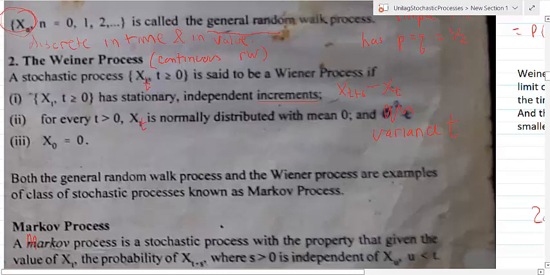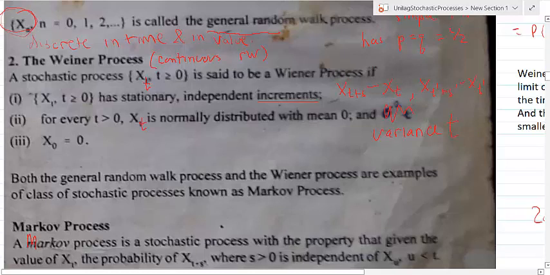Now this is a random variable. This will be independent of x_{t'+s'} minus x_{t'}, as long as the interval t to t plus s does not intersect the interval from t' to t' plus s'. So those are independent increments. And that follows from the independent steps of the random walk.